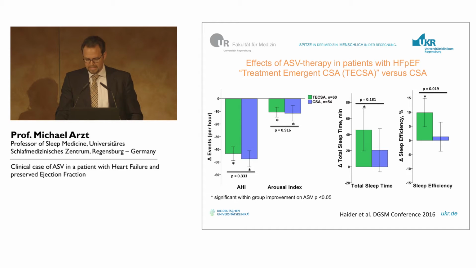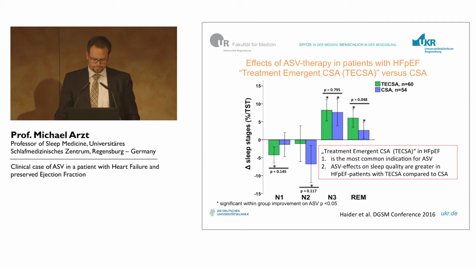The differences begin here. So the gain in sleep time and the gain in sleep efficiency was obviously higher in those who started with obstructive sleep apnea. And so with sleep efficiency, we have a clear significant difference, a 10% gain in sleep efficiency, which is huge, in the TE CSA group, and no major change in the CSA group.